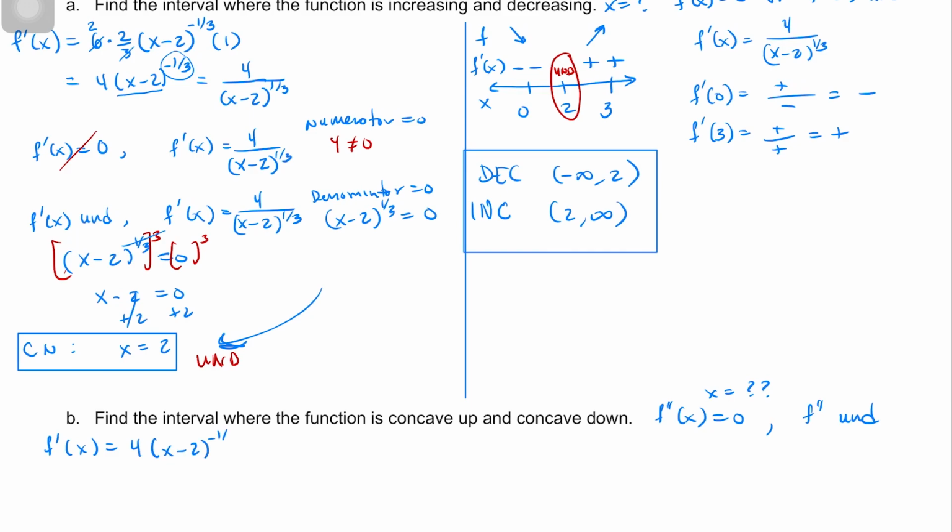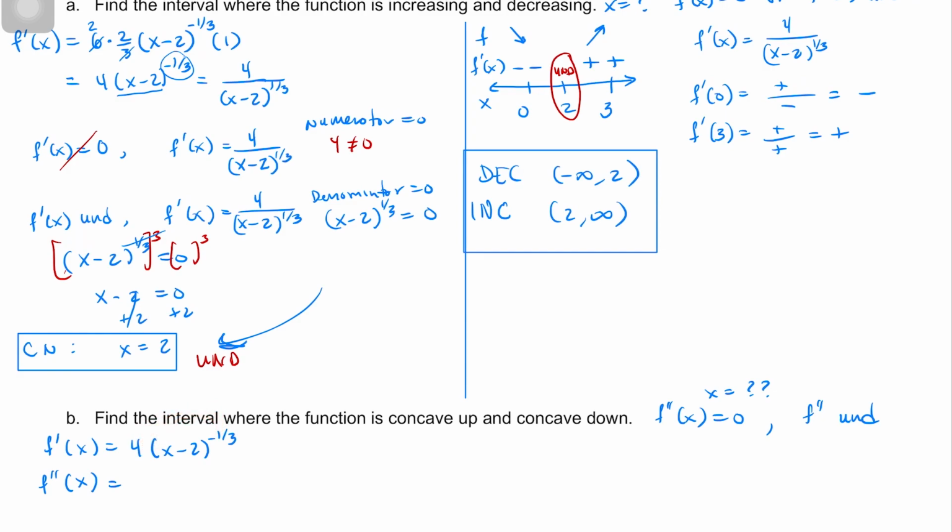What I'm going to do here is keep the original derivative that we had before we moved the factor x minus 2 to the denominator. The reason is that it's easier for us to find the derivative using the constant multiple rule. So let's go ahead and do that. We have to use the chain rule because we have a function inside the power function. We take the derivative by bringing the power down and multiplying by 4.